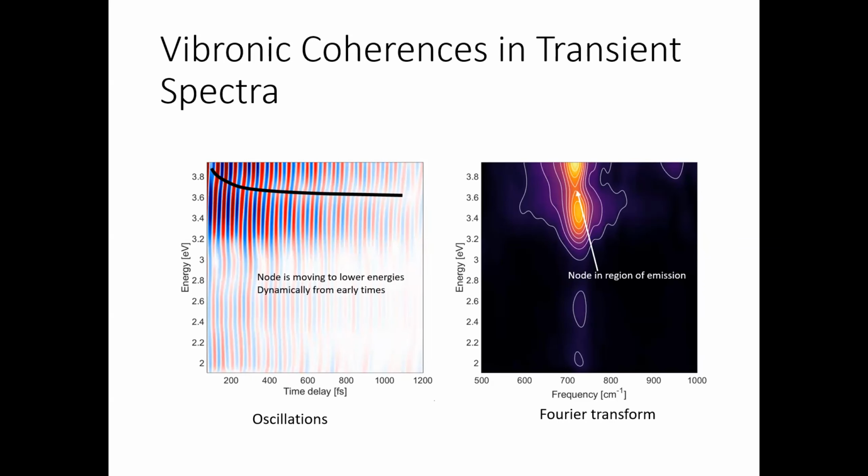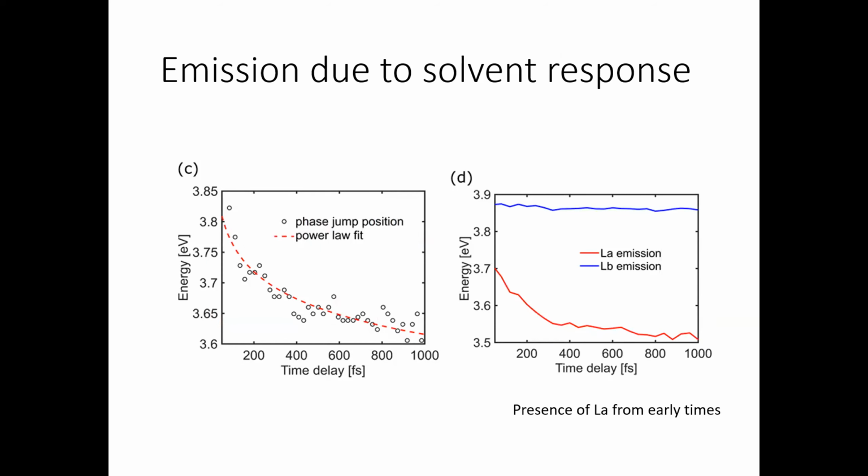And this phase jump encodes at which point the emission is happening. And we see this emission is really shifting in time.